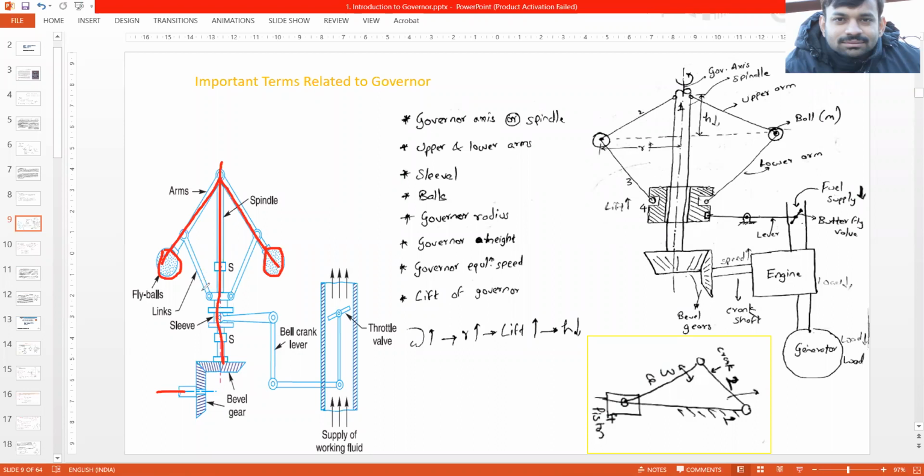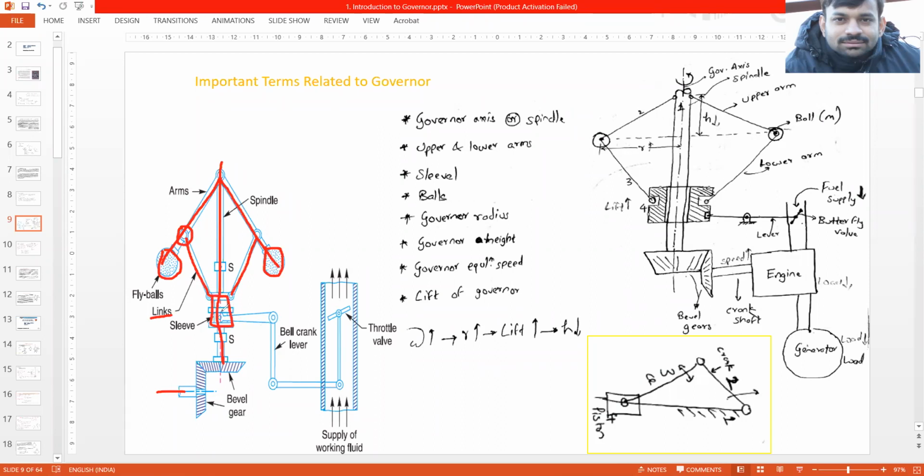Okay, these two are called the lower arms or the links. Okay, one end of these links is connected to the upper arm, and the other end is connected to the sleeve. So this entire thing is the sleeve.